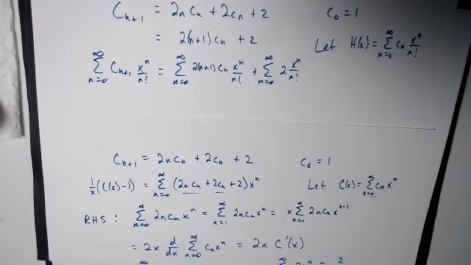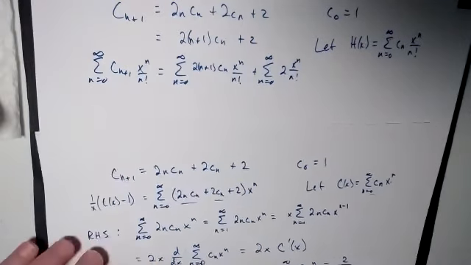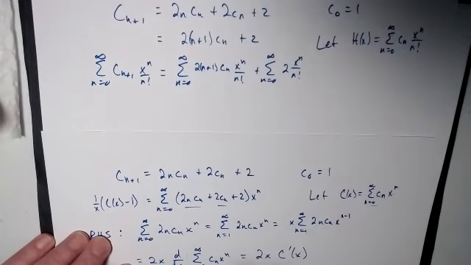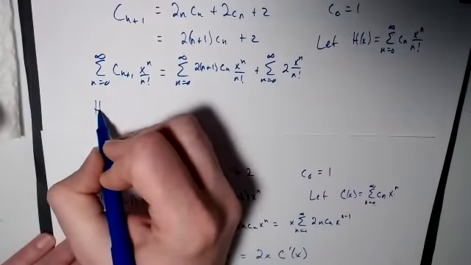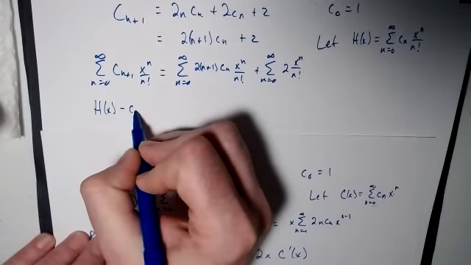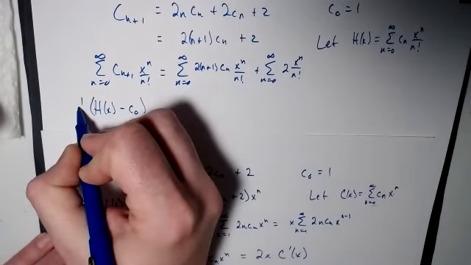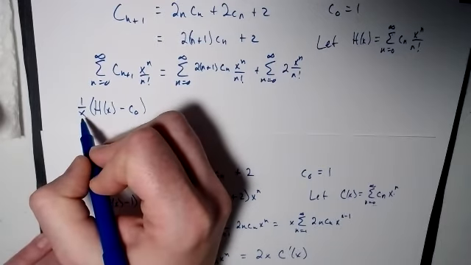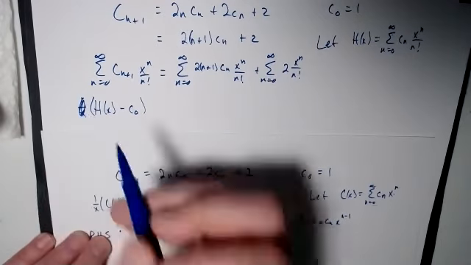So the left-hand side is still h of x minus C0. Let's see. Nope, no 1 over x. Hang on.